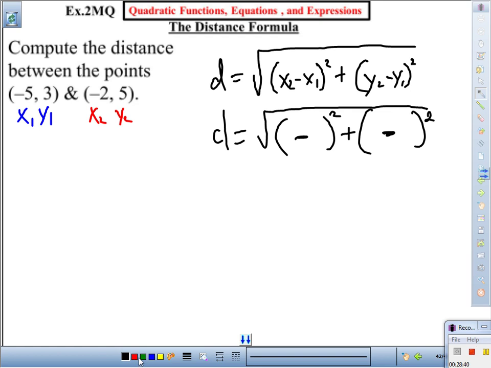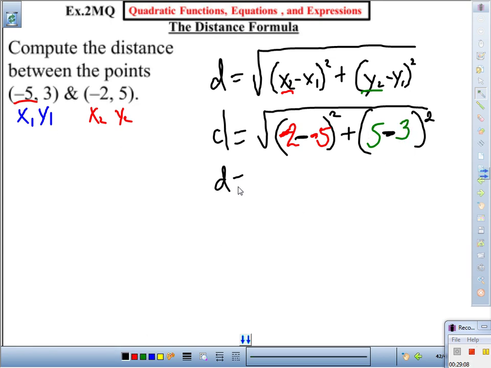All right, let's see. What is x sub 2? X sub 2 is -2. There it is. And what is x sub 1? X sub 1 is what? -5. All right. What is y sub 2? Y sub 2 is 5. And y sub 1 is 3.